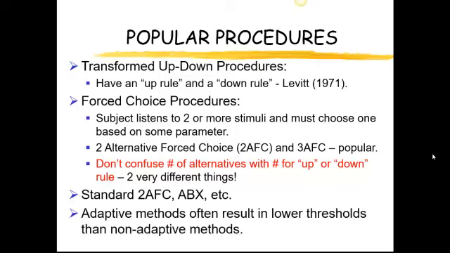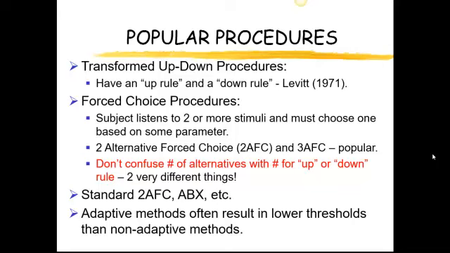You can use a 2 alternative forced choice, meaning they're given 2 choices and they have to choose one or the other, or a 3 alternative forced choice, meaning they're given 3, like usually one will be a standard and then there'll be 2 others and they have to choose one or the other, and that's a very popular way to establish threshold.